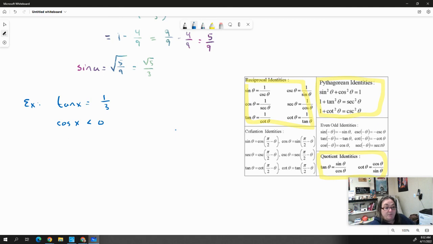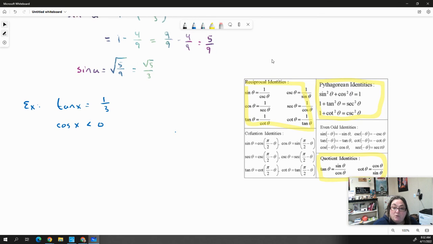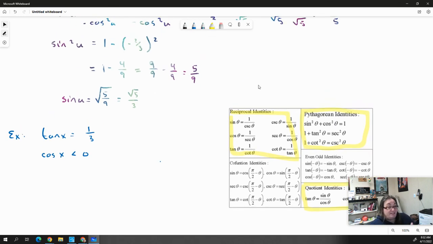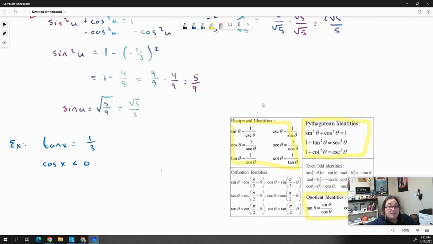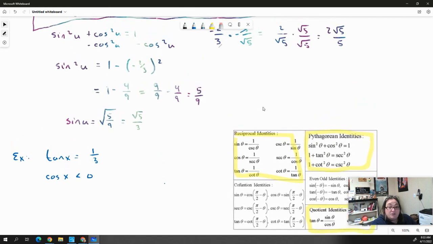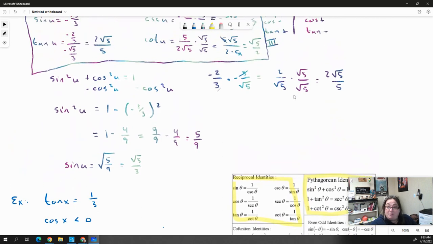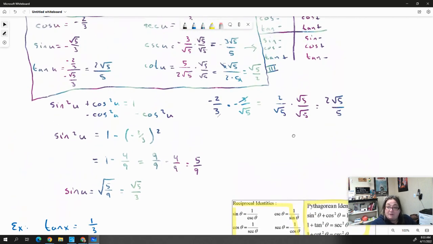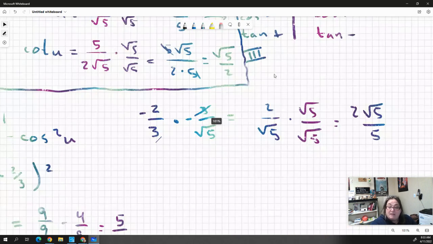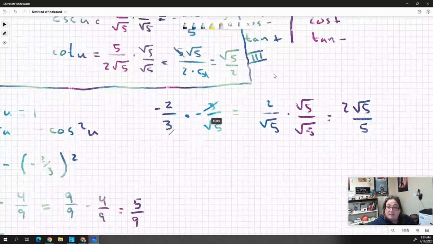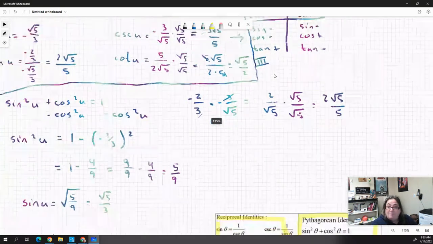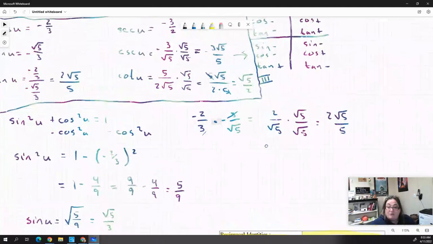Right? And if we look at that, we can go, okay, well, what do I know? I know tangent is positive because it equals 1/3. And I know that cosine is less than 0. So that means I'm probably still going to be in quadrant 3 again, right?